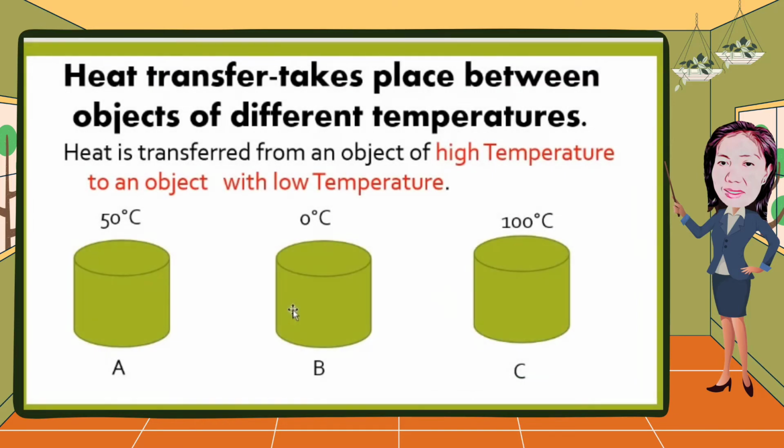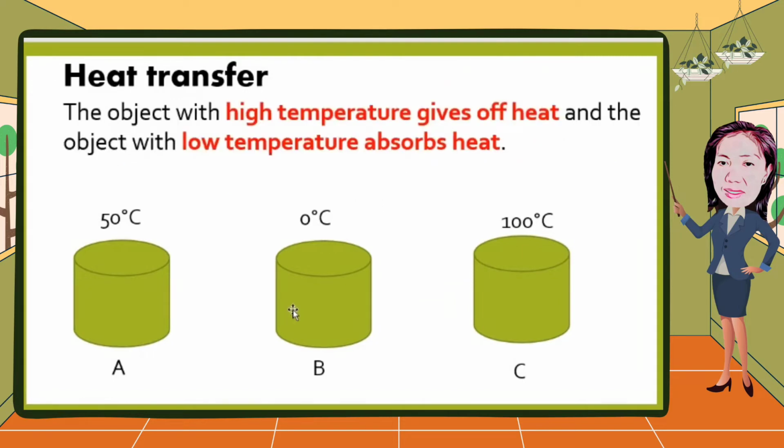Okay, heat transfer takes place between objects of different temperature. So ito yung condition why there is heat transfer. This is because of the difference in the temperature. The heat is transferred from an object of high temperature to an object with low temperature. The object with high temperature is the one that gives off heat. Siya ang nanghatag.